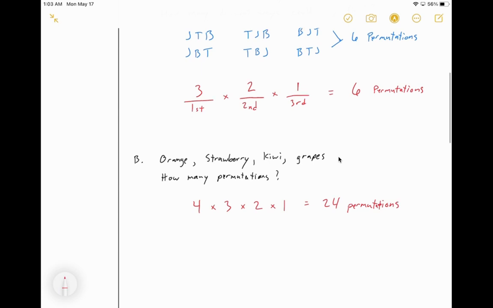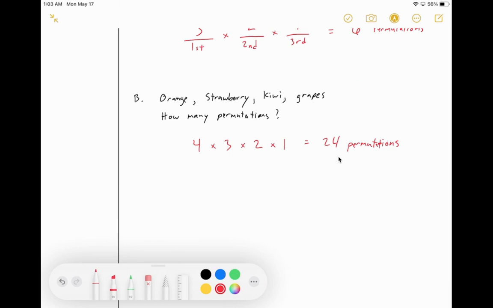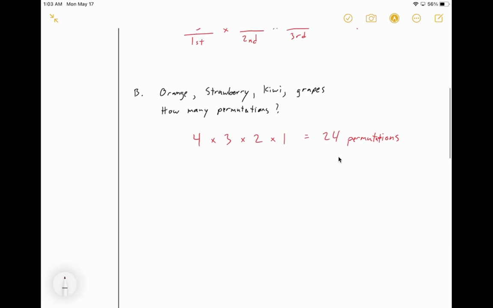Let's do another example. Let's do another race problem. Let's say 7 people enter a race.